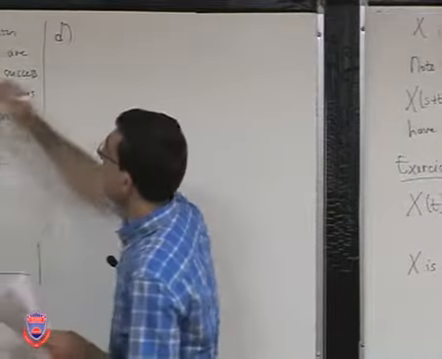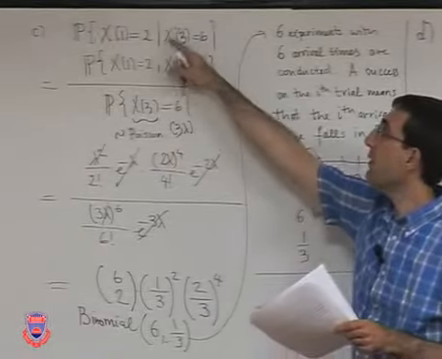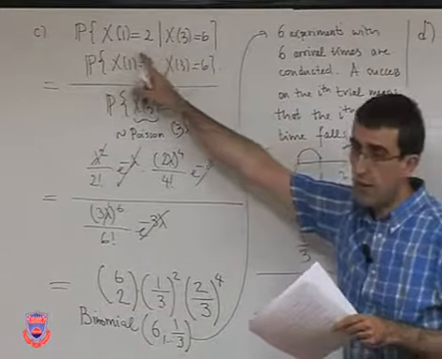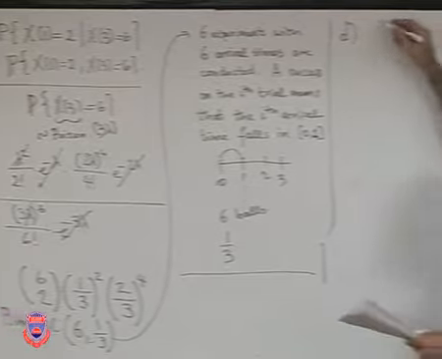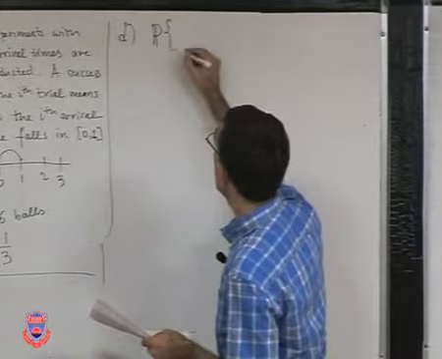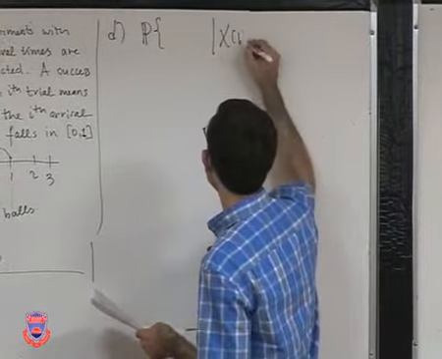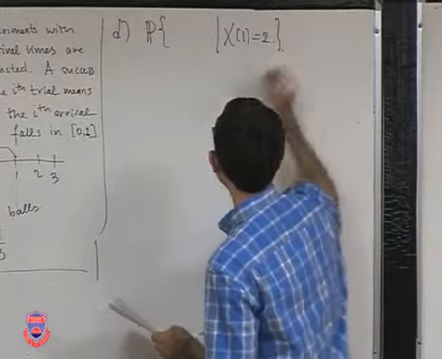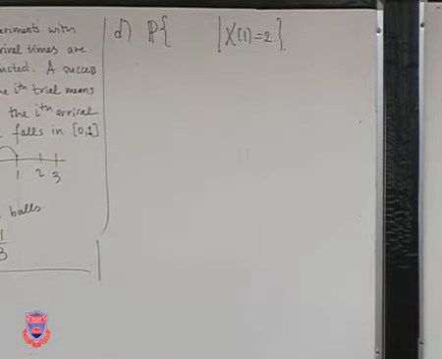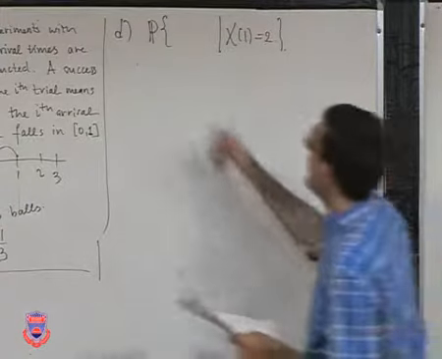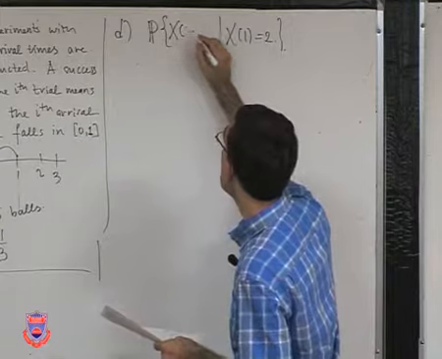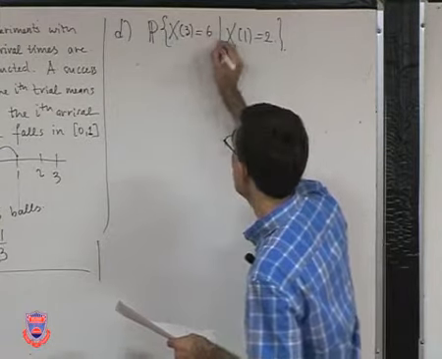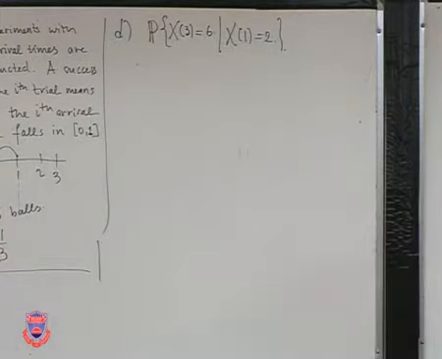Now, this is just the other way around. Here we knew what happened at a later time, and then we asked what must have happened in the past. Here we have the other way around. Given that we already observed 2 customers entering the system until time 1, what can you say about the likelihood that we will have exactly 6 customers entering the facility until the end of time 3 in the future?